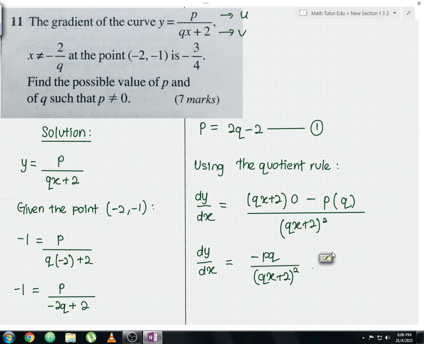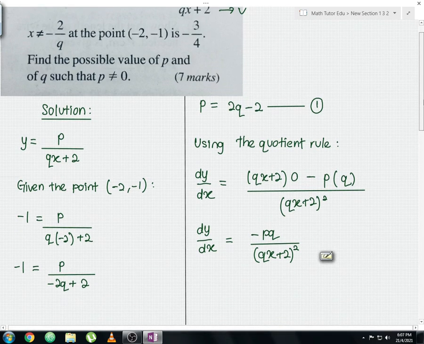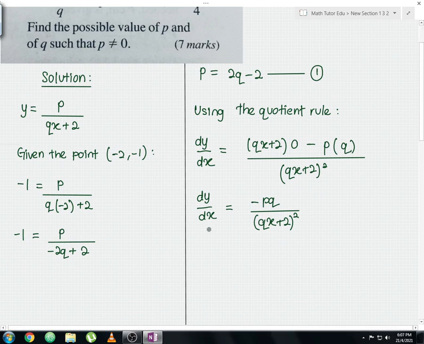In our next step, as I mentioned earlier in the discussion, we're going to substitute this x value and the dy dx value into the equation over here. Let us continue. So from here, negative 3 over 4 will be equal to negative pq over q times negative 2 plus 2, close bracket squared.